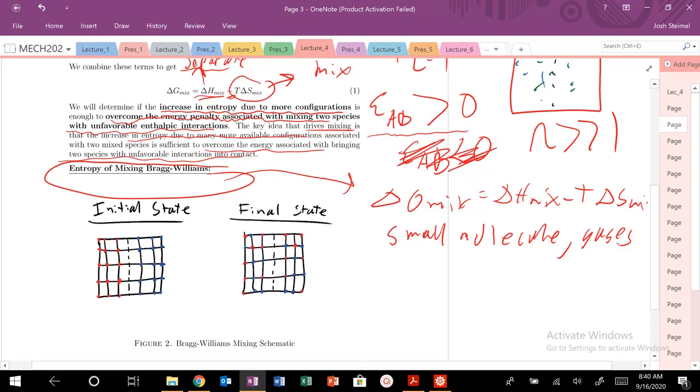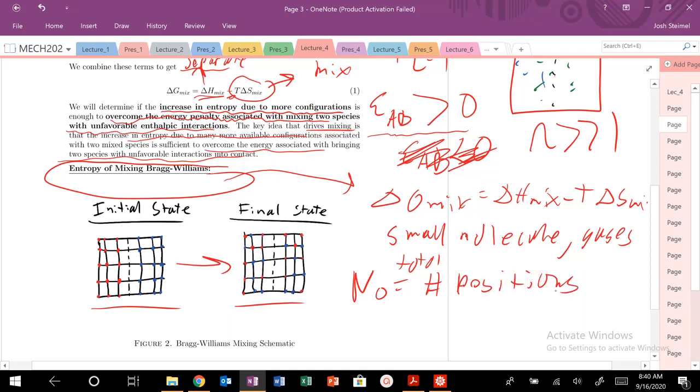So this is our situation, our schematic. We have some initial state here where we're completely unmixed. Then we're going to transition to some final state here where we're mixed. In this system, you can think of it as a lattice, so a grid. In our lattice, we have a total number of N naught lattice positions.